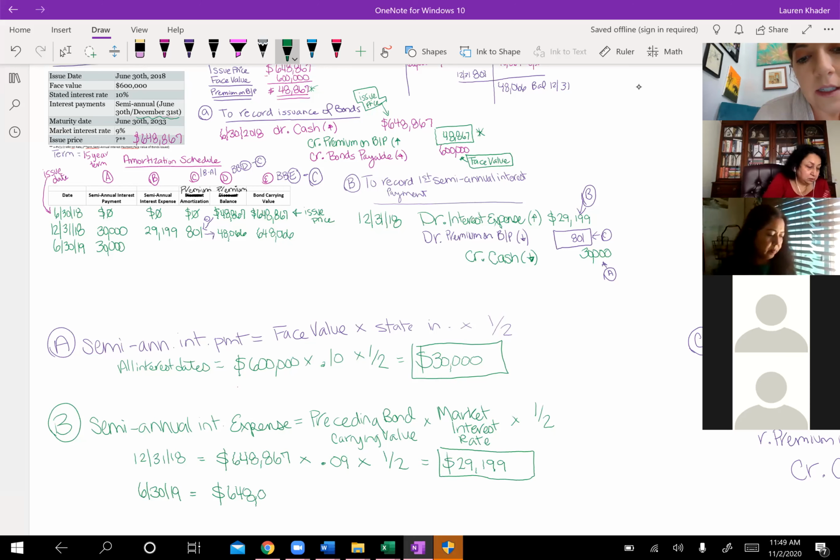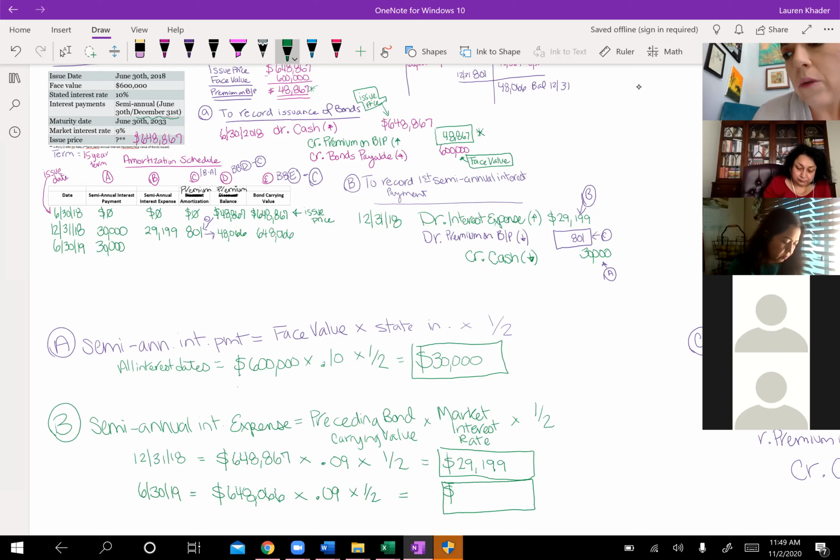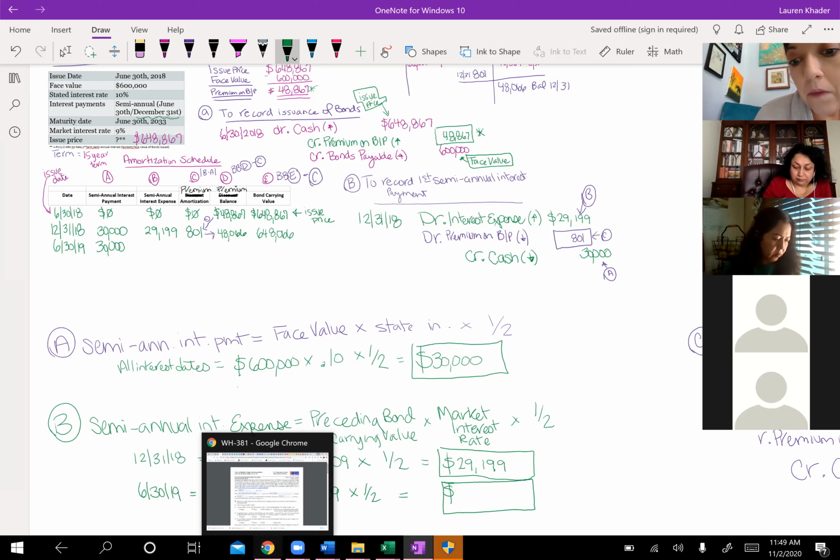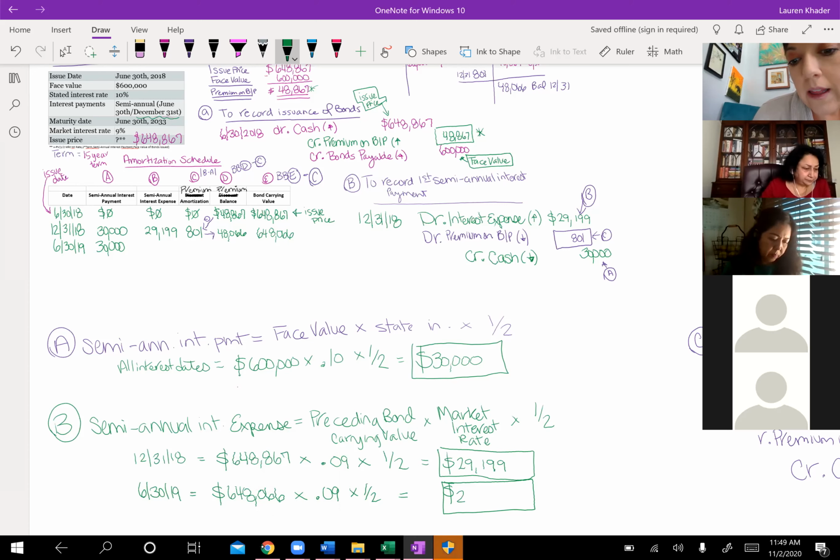Correct, 648,066 times our market interest rate of 9% times 1/2. The amount of interest expensed is going to be slightly lower, obviously, because our carrying value is decreasing over time. So 29,163.